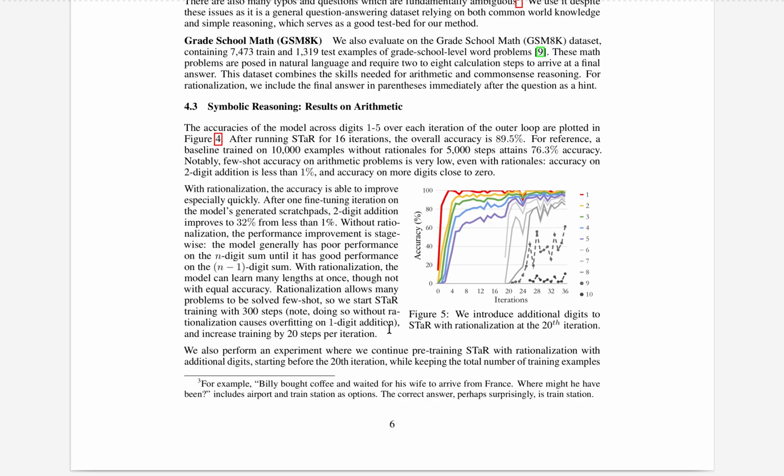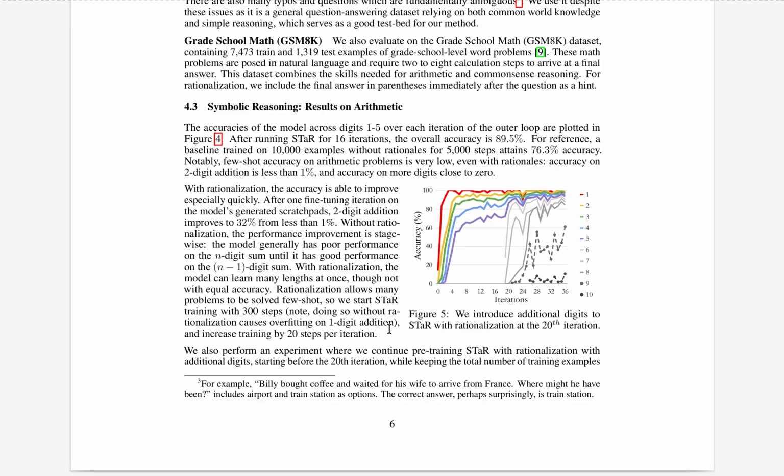For example, Billy bought coffee and waited for his wife to arrive from France. Where might he have been? Includes the airport and train station as options. The correct answer, perhaps surprisingly, is train station.